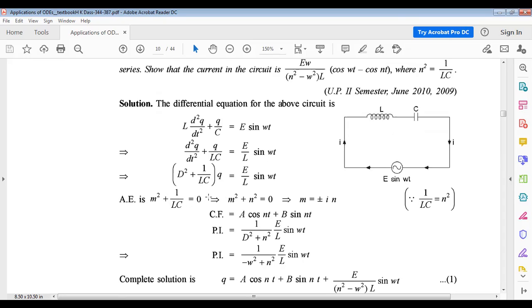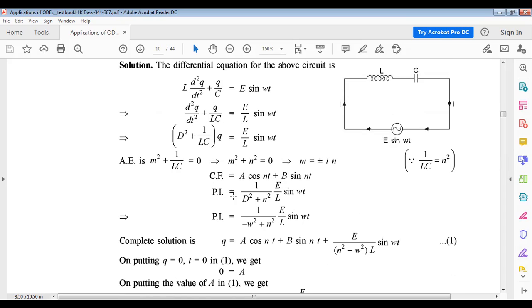Actually, if y equals to e to the power m t is the trial solution, then you can write this auxiliary equation. Okay, so m square plus n square, n means what? 1 by LC. This is also given, n square. So m equals to what? Plus minus n, two roots. Complementary function will be a cos n t plus b sin n t.